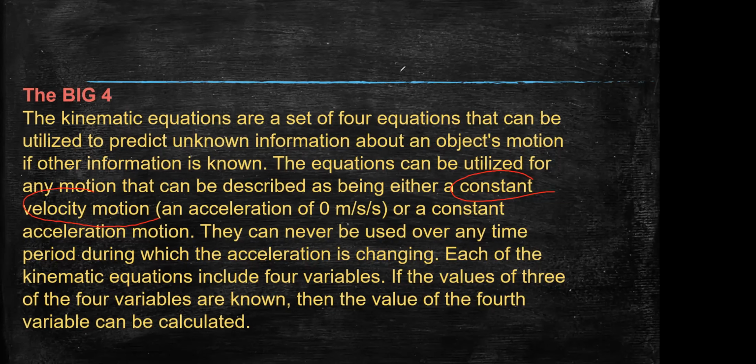But if the acceleration is changing, you cannot use these equations. These big four equations can work only if the acceleration is constant. But if the acceleration is changing, you cannot use them.